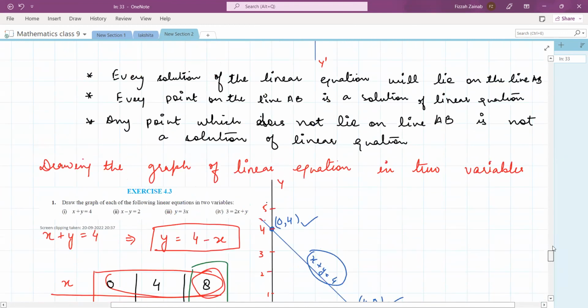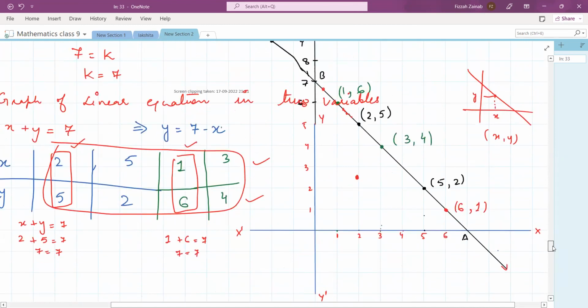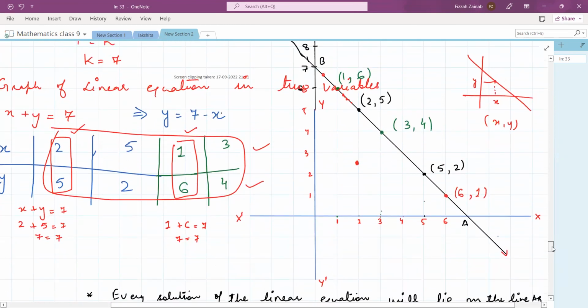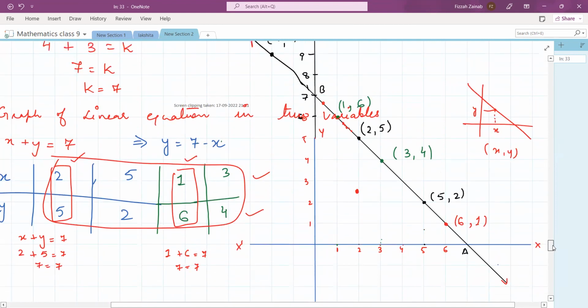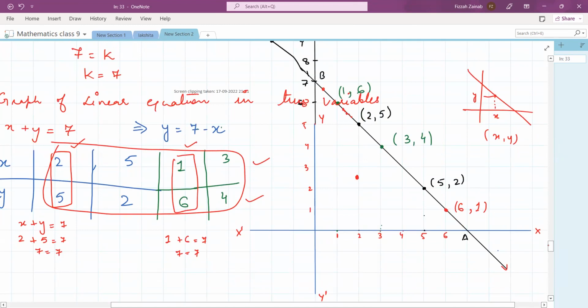You can see this line is not passing through the origin, right? 0, 0 is not a solution of this equation, right? So what we discussed in the previous class, let us recall. Solution means the points which actually satisfy the equation, for which your left hand side is equal to the right hand side. Understood? That is the meaning of solution. Now, if we plot the solution on the graph, that also we discussed. There are two ways of solving a linear equation in two variables, right?